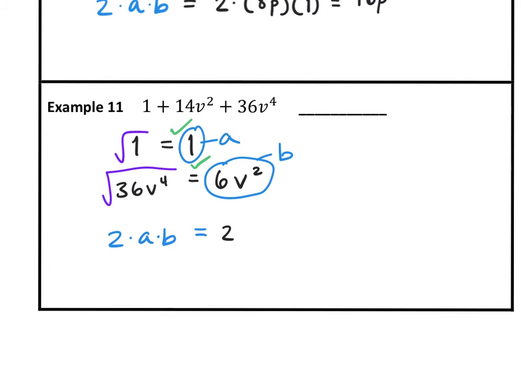So what's 2 times 1 times 6v squared? 2 times 1 is 2. 2 times 6 is 12. So I get 12v squared. Does that match?